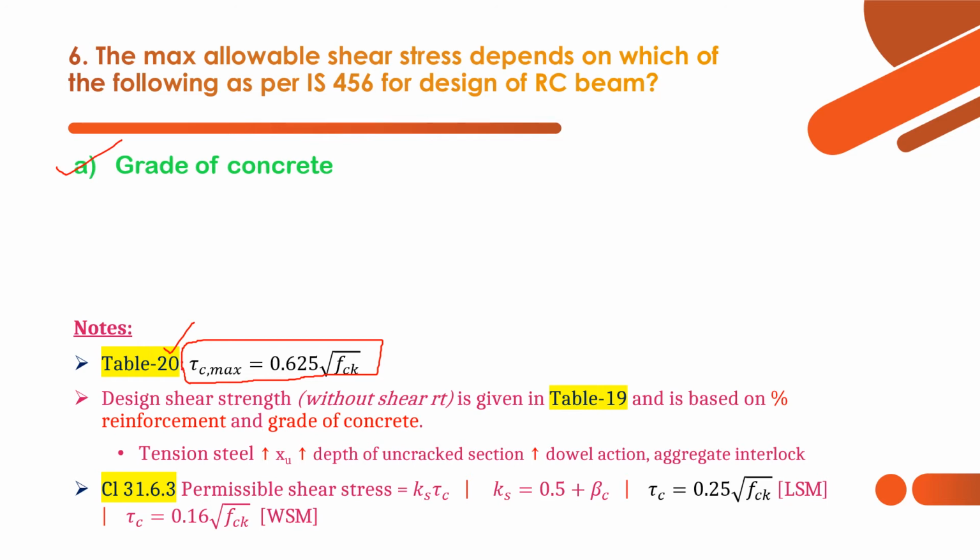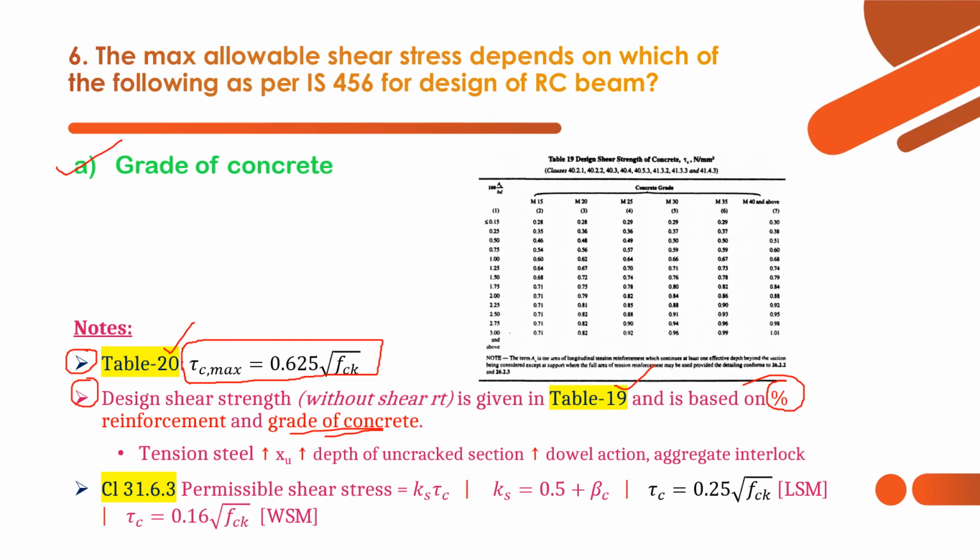And design shear strength without shear reinforcement is given in Table 19, and that is based on percentage of reinforcement and the grade of concrete. See, there is a difference between maximum allowable shear stress and design shear strength. Here you can see Table number 19. This is the percentage reinforcement value and this is the concrete grade.